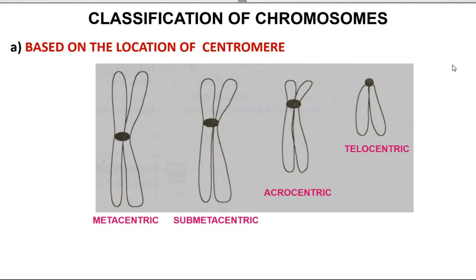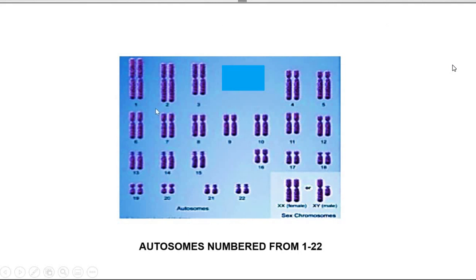Before we go further, note that these chromosomes are numbered from 1 to 22 according to their lengths, and these are the autosomes. The sex chromosomes are not numbered; you have XX or XY chromosomes.